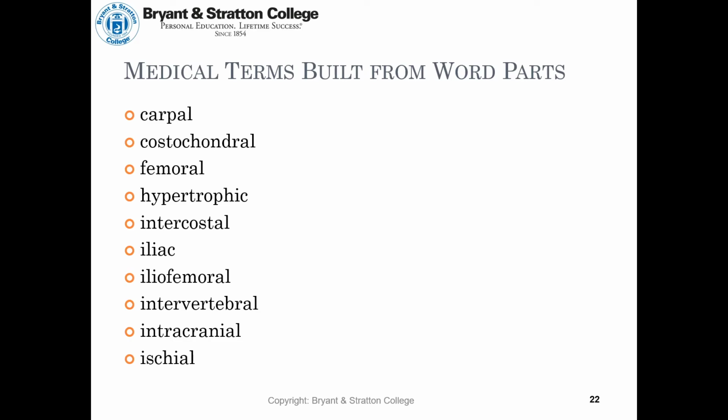Iliac, we can talk about iliofemoral. There's certain things that have names like that. Intervertebral, so we can talk about intervertebral discs. That's the discs in the spine. Somebody says they have a herniated disc. It's an intervertebral, which means between the vertebrae. And there's intracranial.